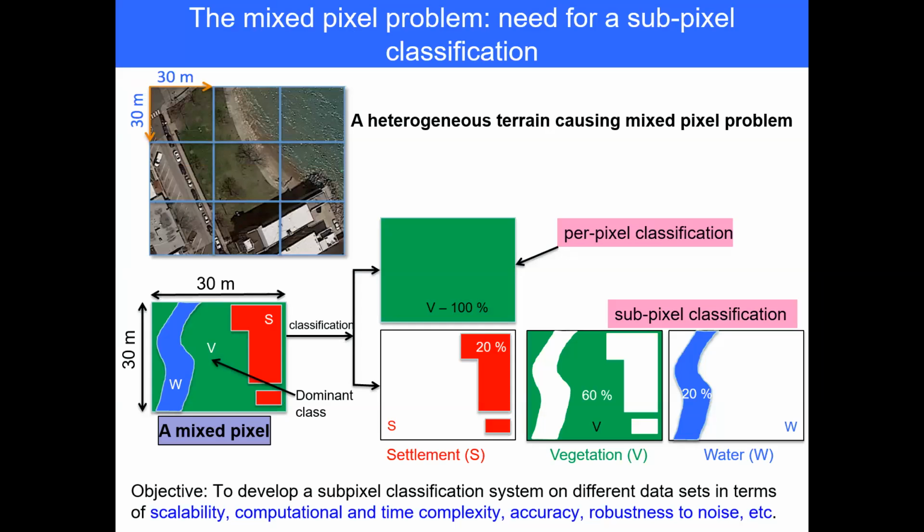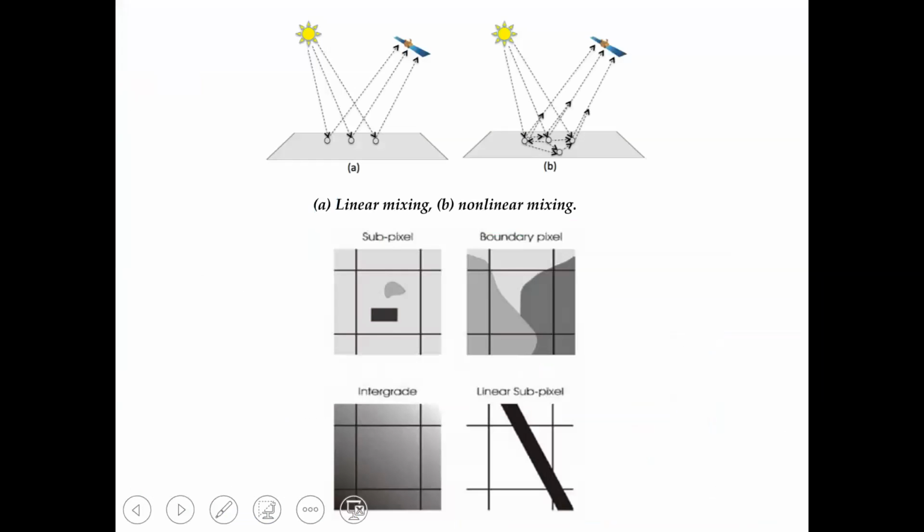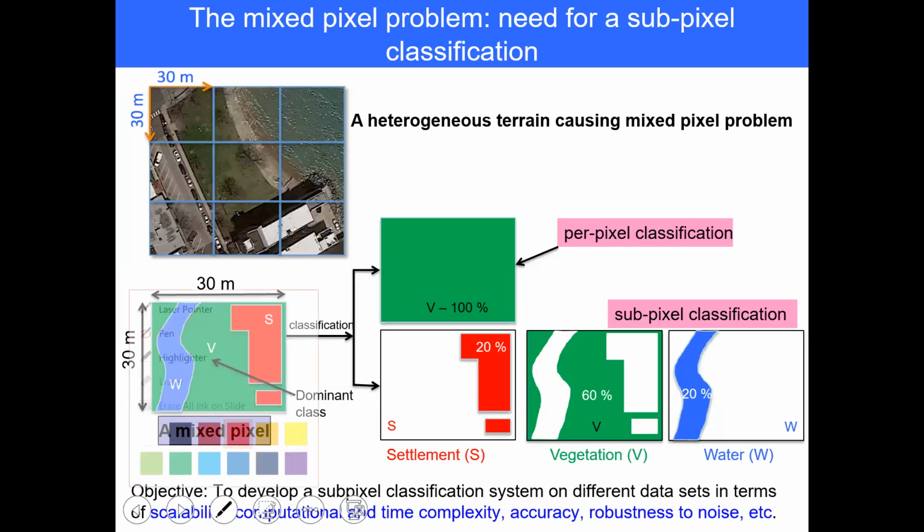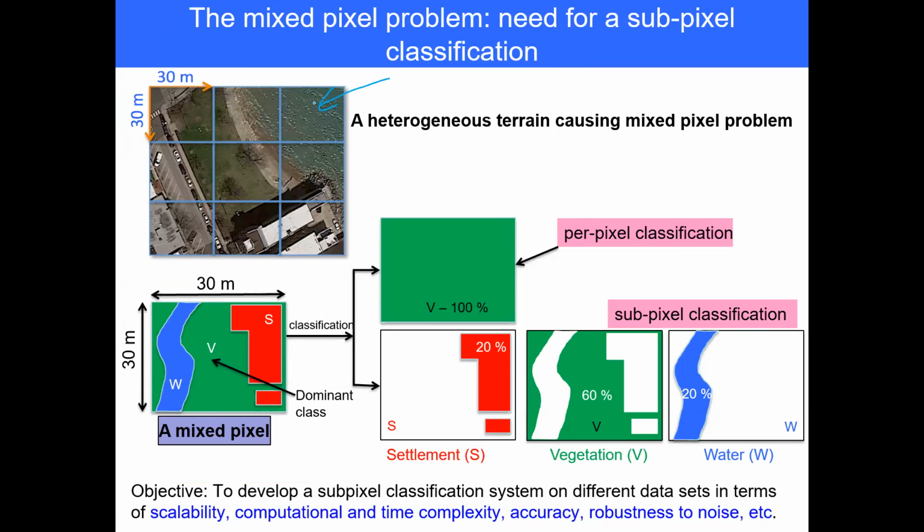As you can see in the figure here on the top, this pixel, for example, is a pure pixel because it shows only water. This pixel shows a mixture of lawn and water, a green park and water. This pixel shows a mixture of parking lot and some green lawn.